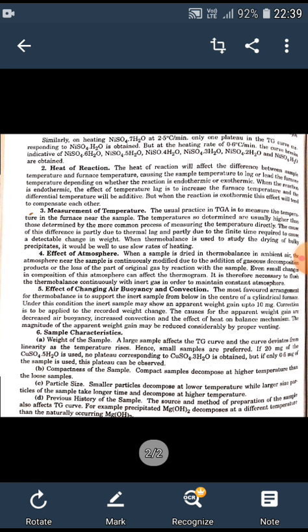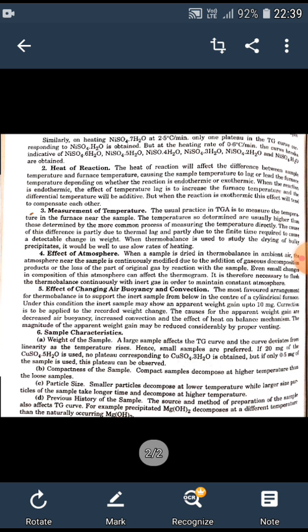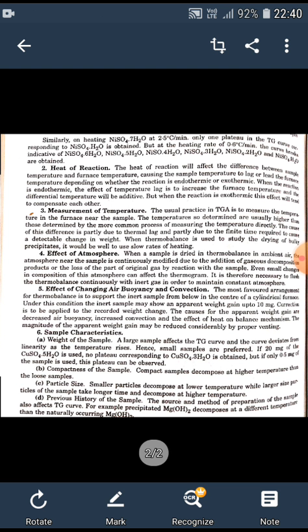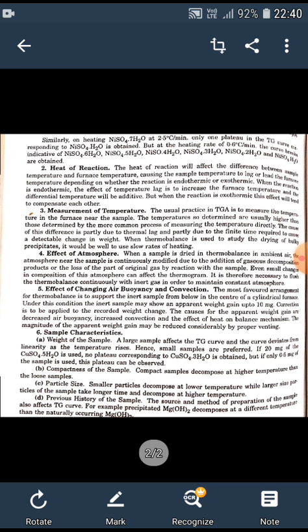But when the heating rate is at a value of 0.6 degrees centigrade per minute, the curve breaks into several plateaus indicative of nickel sulfate hexahydrate, nickel sulfate pentahydrate, nickel sulfate tetrahydrate, nickel sulfate trihydrate, nickel sulfate dihydrate, and nickel sulfate monohydrate. These are obtained.